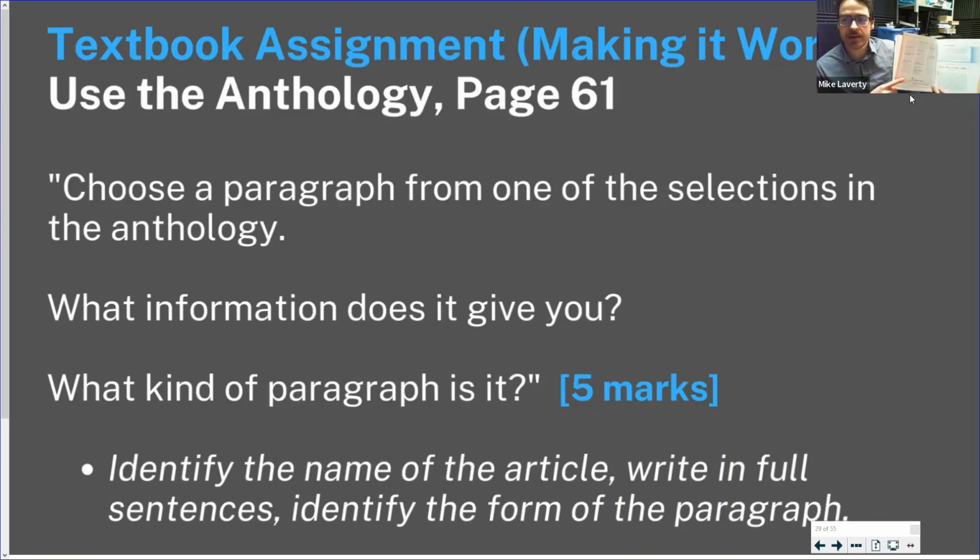So I would ID the type of paragraph, and then I would write in full sentences, and I would tell what information it gives you. So I'd provide a little brief summary, right, for 5 marks? So what information does it give you in full sentences? So not point form. Don't just jot down, you know, like Titanic or whatever.